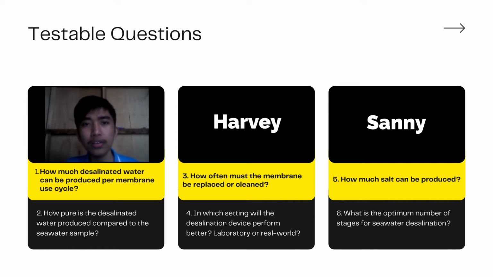Thus, we want to know how much desalinated water is produced before it needs to be replaced because of the very low desalinated water production. Second, how pure is the desalinated water compared to the original seawater sample? This answers objective number 3. It is desired that the produced water has as low salinity as possible compared to the original seawater sample. Having too high salinity may make it unusable for human use.